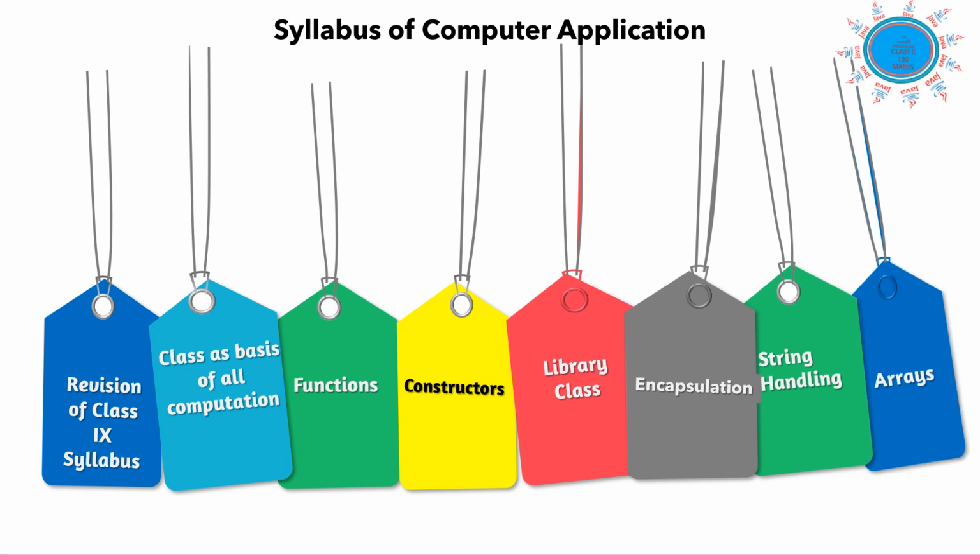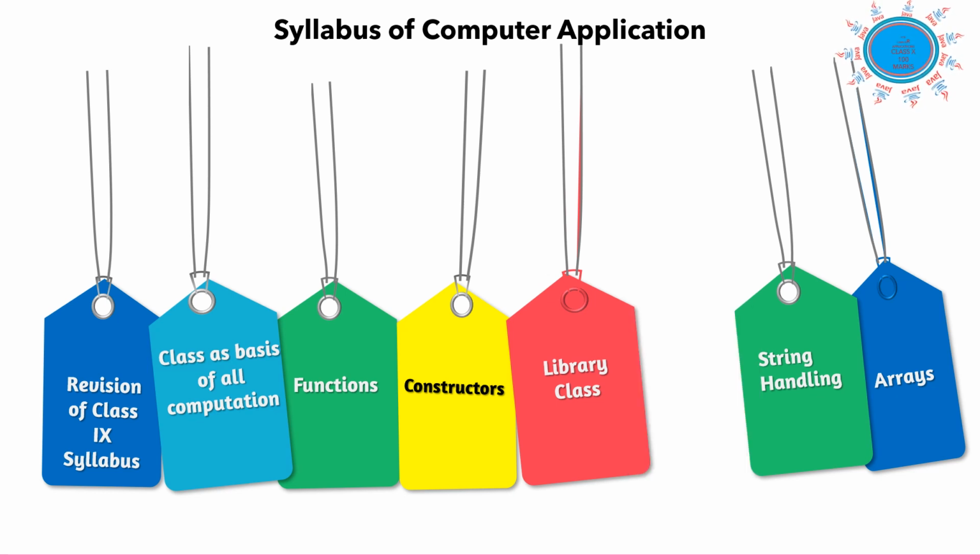These are the normal chapters which we were doing for the board exam. In the reduced syllabus, the encapsulation chapter is completely removed, and from the other topics too, some parts of the chapters are removed. Now we can see what the reduced topics are.